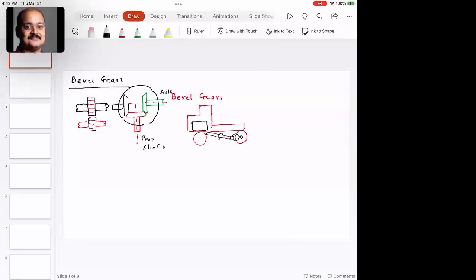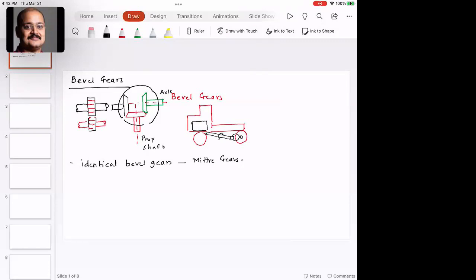Now, if you have identical bevel gears, they are called miter gears. And they are used in lots and lots of applications, because please understand, not all the time would the axes be parallel.